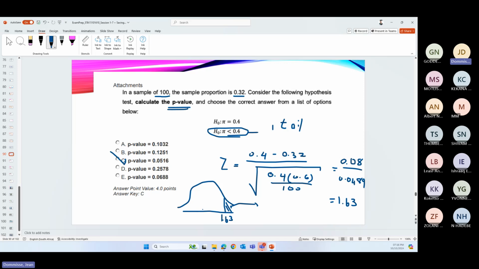We don't need to multiply by 2 because it's one tail. If you've multiplied by 2, you would go for that answer, which is wrong. So this is showing again that there is nearly that option also for you guys to pick wrong if you have gone for the two-tail, unfortunately.